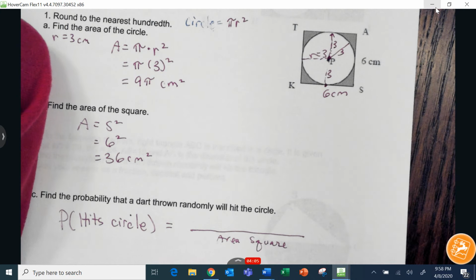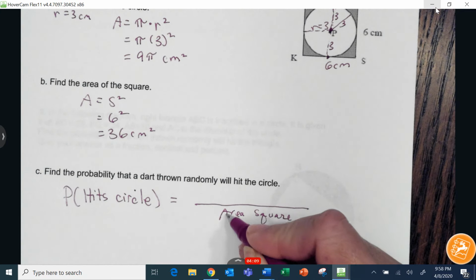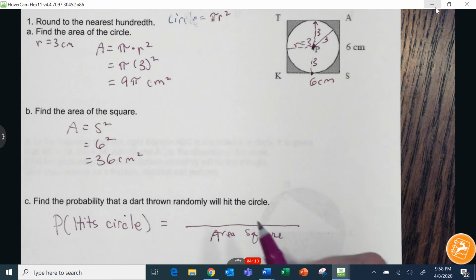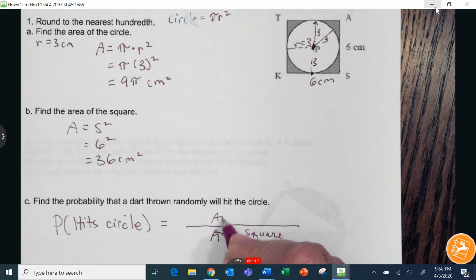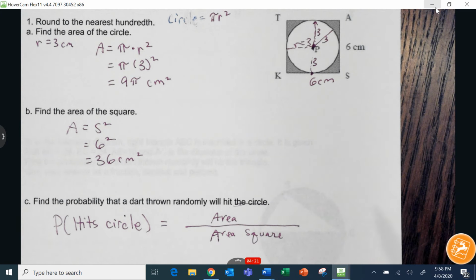I'm writing in words now, and then I'm going to go ahead and put the numbers in just a moment. So we've got the area of the square, and then on top, we want the area that we want it to hit, which is the circle. So the area of the circle.